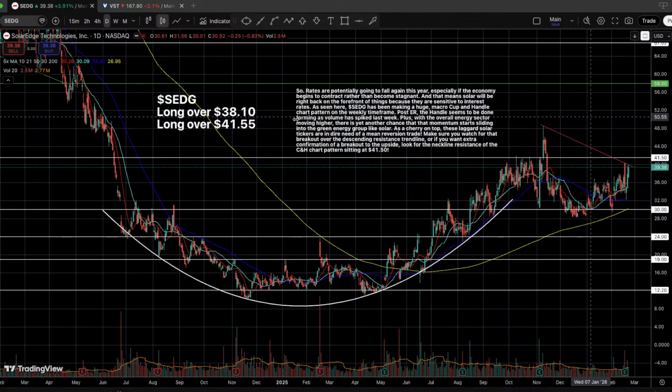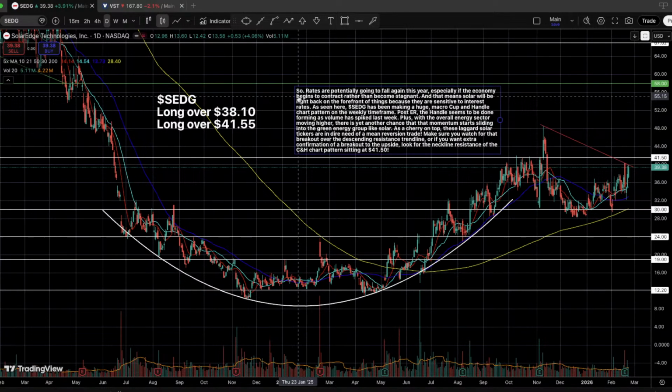And let me read you what I've written down here for this week's list. I said rates are potentially going to fall again this year, which I think they are. At the very least, we can be back to seeing the Federal Reserve acting on the benchmark interest rate, and that action could be a rate cut, right? Hopefully. So that's why I'm saying we could potentially be seeing rates decreasing again.